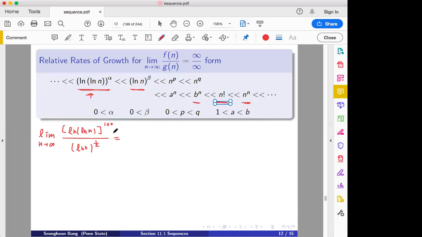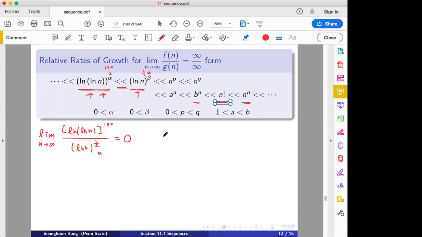Yes, 0, because beta is 1/2 and alpha is 100. So ln to the 1/2 is growing faster than ln of n to the 100. The bottom one is growing faster than the top one. The answer is 0.